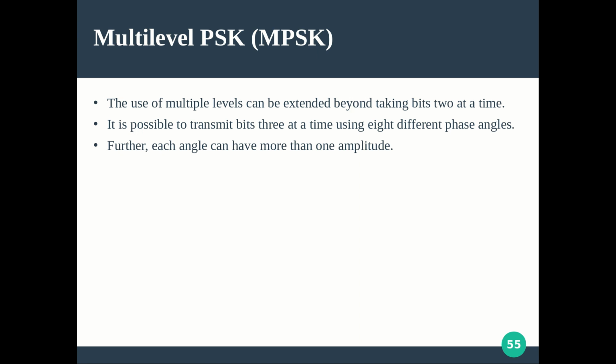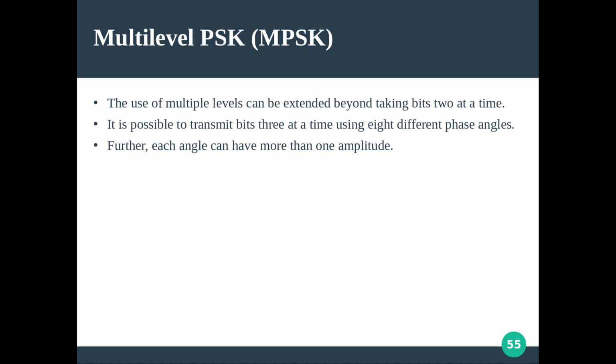In the previous case we took 0, 90 degrees, plus 90, like that. So here accordingly it will be some pi by 4 like that if you want 8 combinations. Further, each angle can have more than 1 amplitude also. So that is another combination, but it is not specifically given in the syllabus. That is why I just mentioned it.